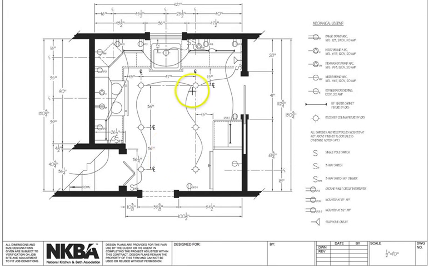If we look at the recessed cans located on this plan, we will see that both east-west dimensions are provided as well as north-south dimensions. That way they know exactly where to install those light fixtures.